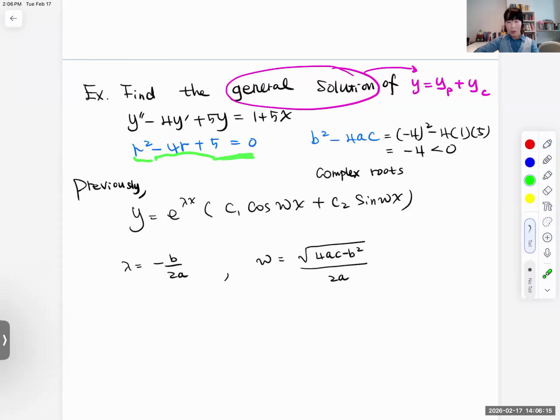Then we want to check whether they have real roots, complex roots, or a repeated root. Let's find out. We have b squared minus 4ac. So b, in that case, a, b, c, right?